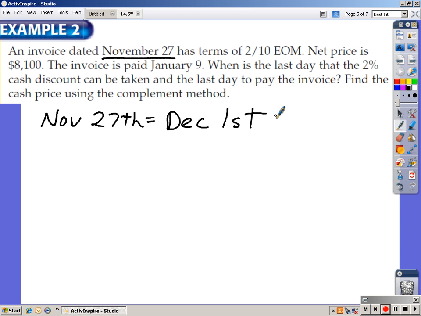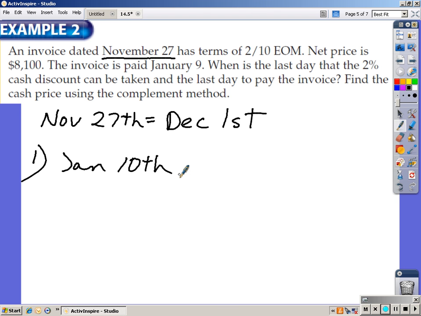So since November 27th is equivalent to December 1st, the first question asks, what is the last day to take the 2% cash discount? Well, you have to go to the end of December. Next month is January, and it's 10 days into January, so January 10th is the last day to take the discount.